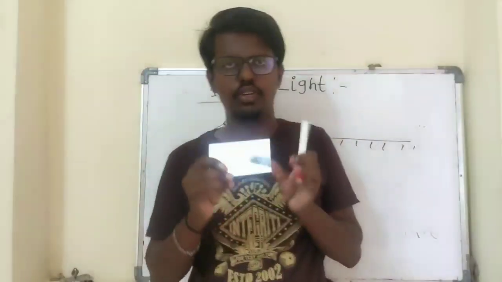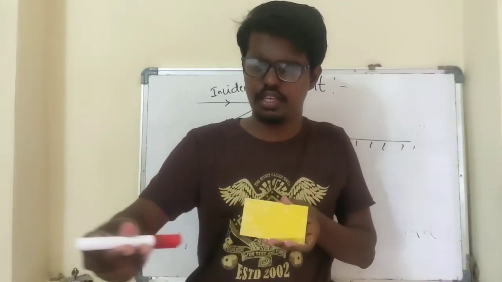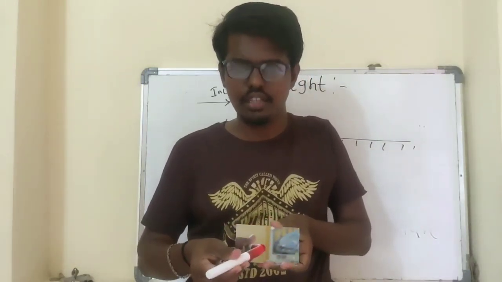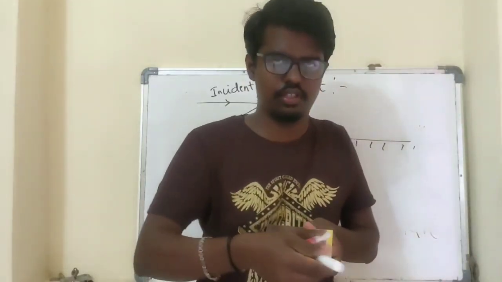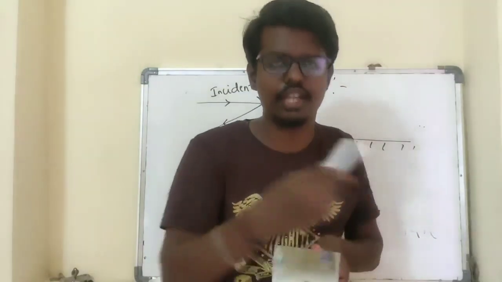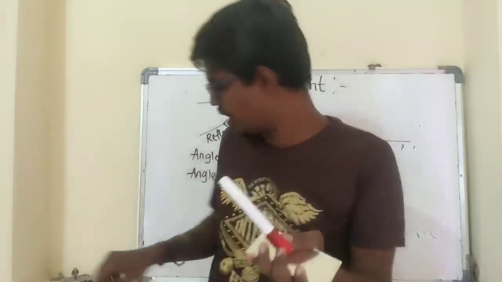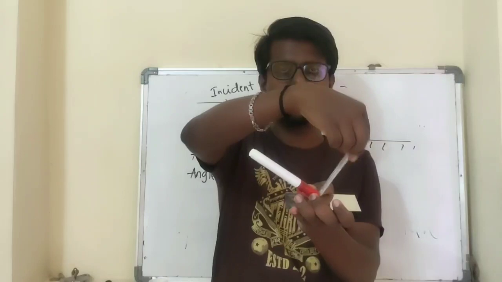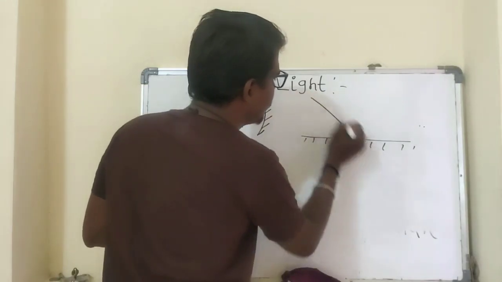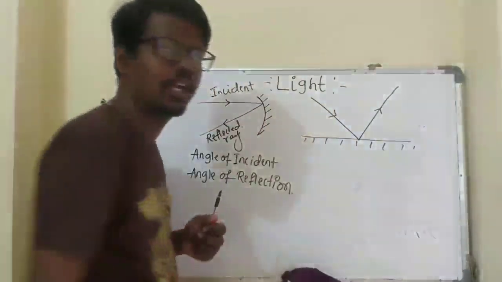This is the incident ray, the ray falling on the surface of the mirror, and the ray bouncing back from the surface after hitting it is the reflected ray. Now I will draw this diagram on the board. This is the incident ray and this will get reflected, becoming the reflected ray.